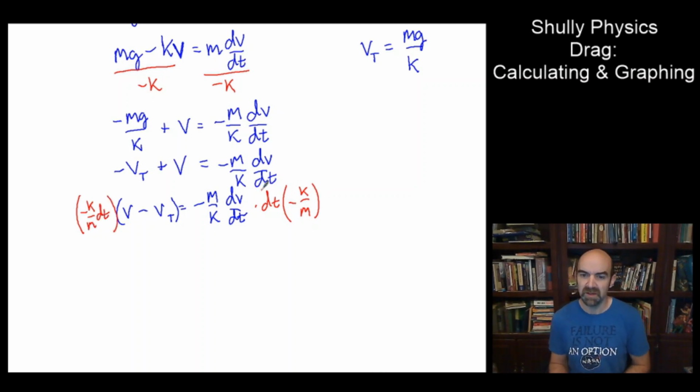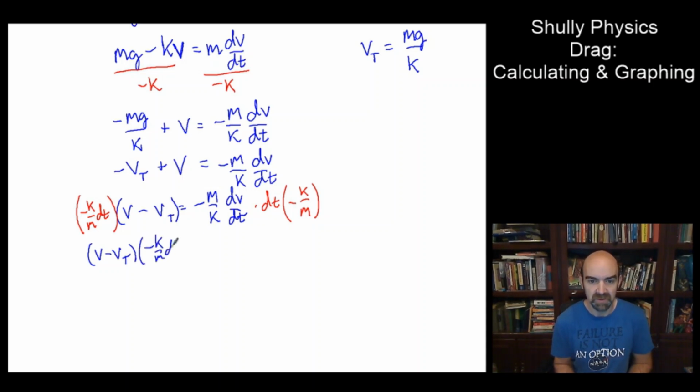There we go. The reason is I'm going to try to cancel out this coefficient on the front here, called a coefficient because these are constants, and bring the dt to the other side. When we do that, we're going to have v minus Vt, negative k over m dt equals, the only thing that's left, the k over m's will cancel, the negative will cancel out there, and the dt's are going to cancel here.